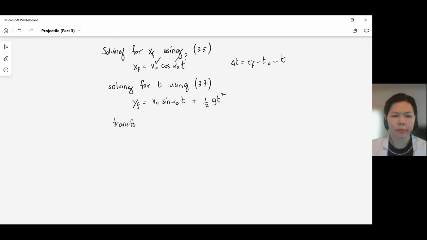Transforming this equation to standard quadratic form.